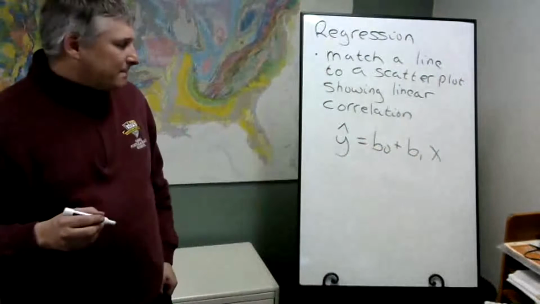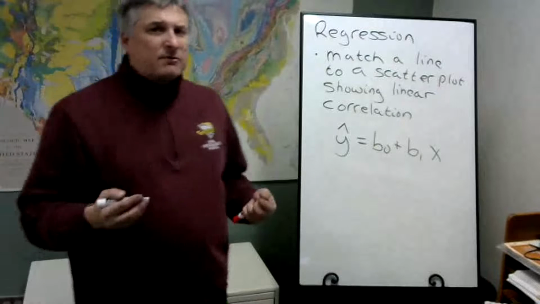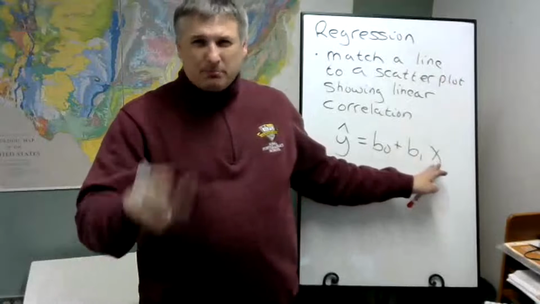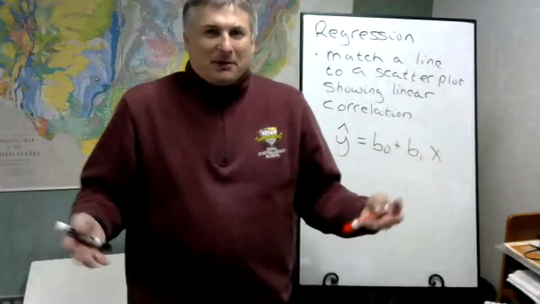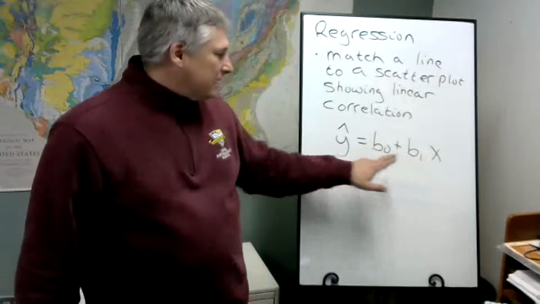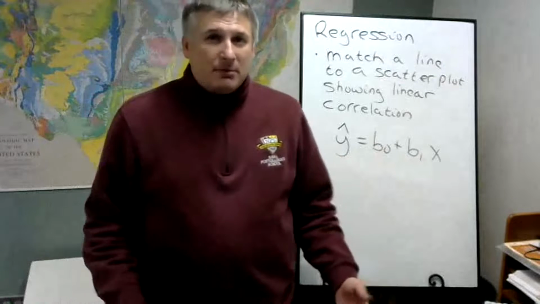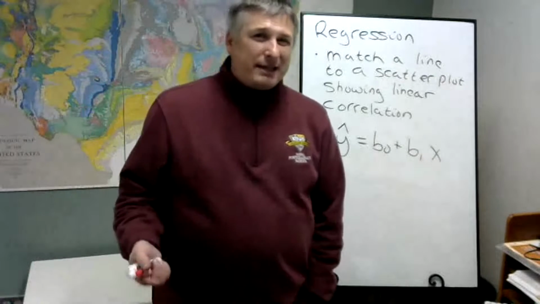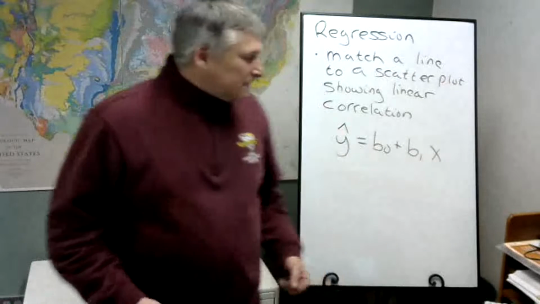Now, here's the thing. If you remember from algebra, x represents an input. So you give an input number, say you pick 3. And then you multiply it times whatever b1 happens to be, and add whatever b0 happens to be. You get an output, y hat. Now, why does y get a hat and x doesn't?